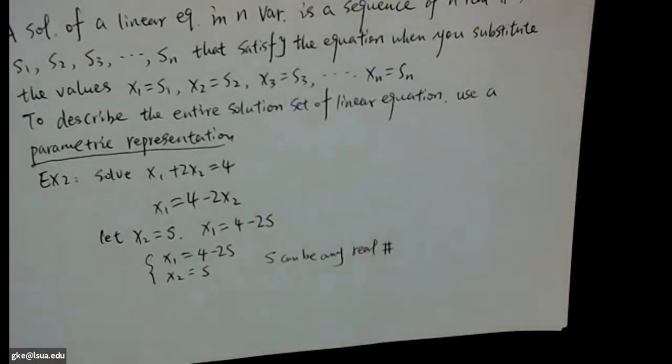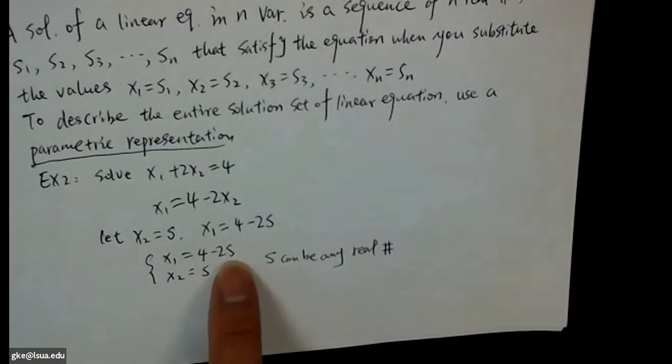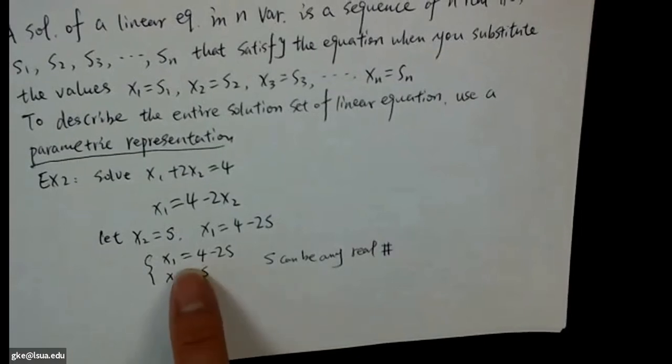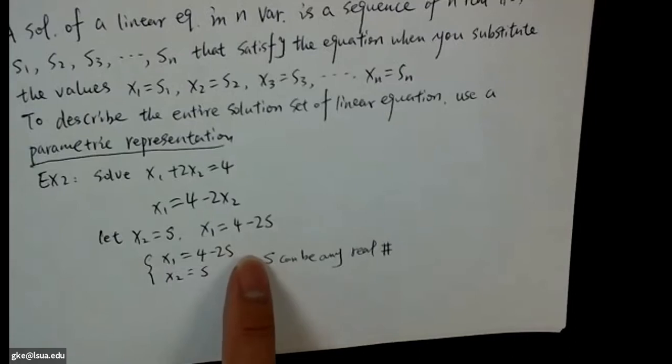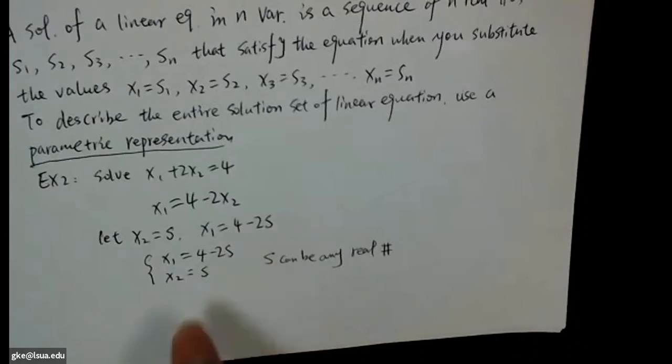For example, s can be 0. If s is 0, then x2 equals 0, and plugging in here, we get x1 equals 4, right? And if s equals 1, then x2 equals 1, and we plug in here, we get 4 minus 2 times 1, which is 2. So x1 equals 2.